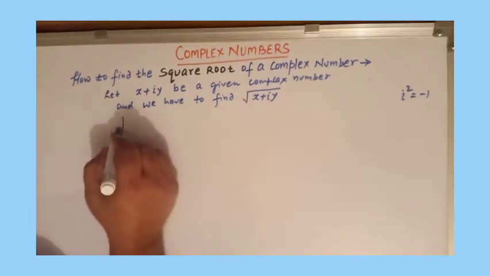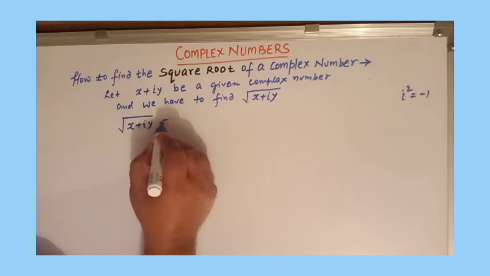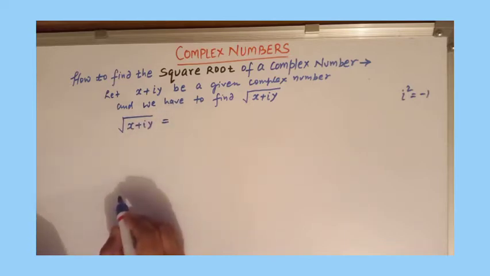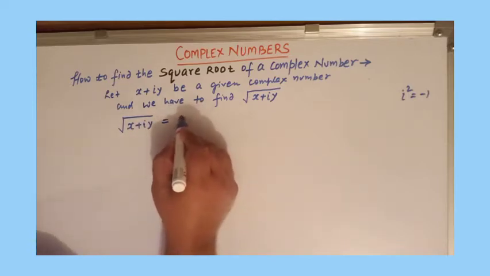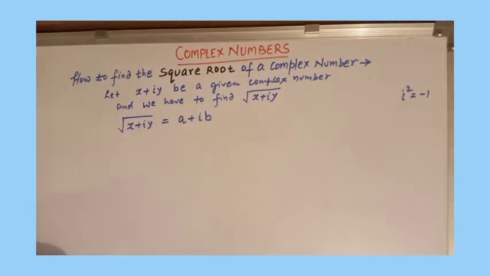Now the square root of x plus iota y is also a complex number of the form a plus iota b. Clear?